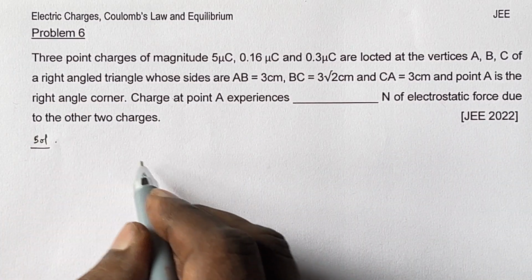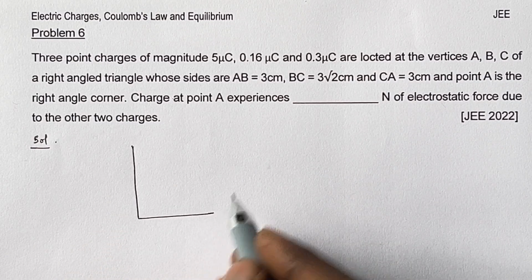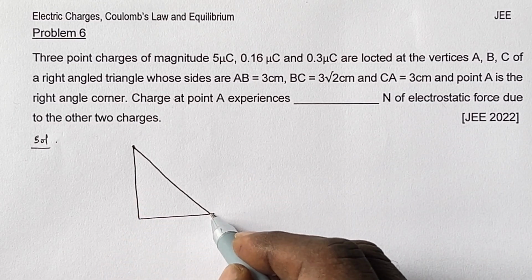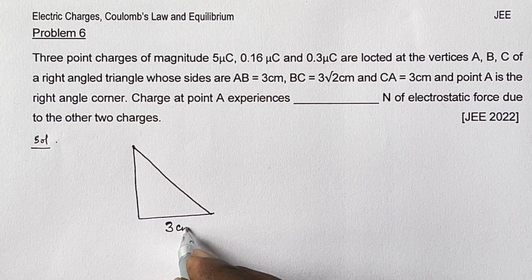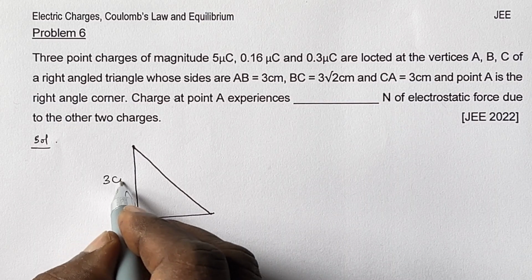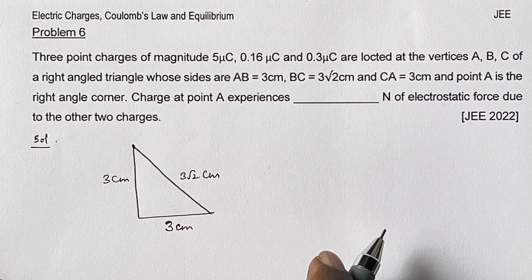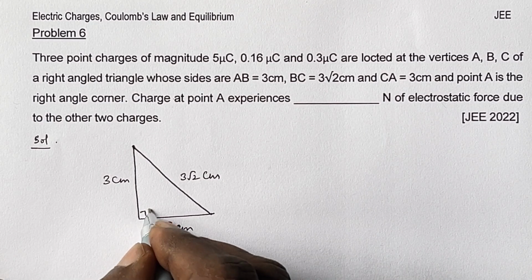So there is a right angle triangle here. So this is the hypotenuse. So this is obviously 3 centimeter. This is 3 centimeter. And this is 3 root 2 centimeter hypotenuse. So at A 90 degrees is there.